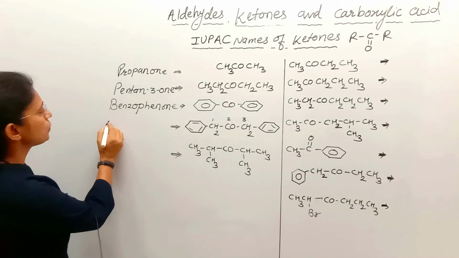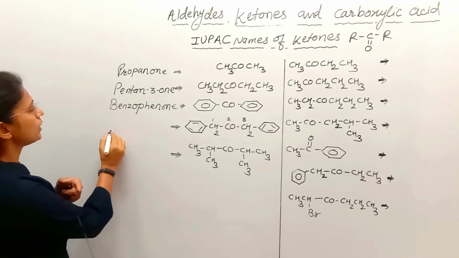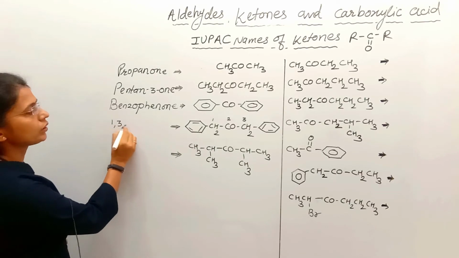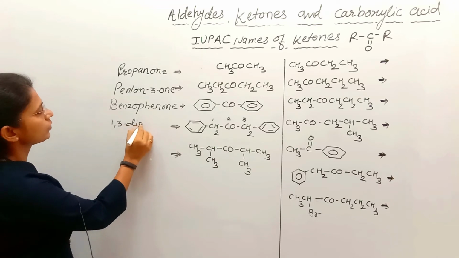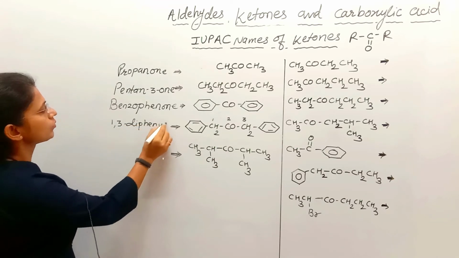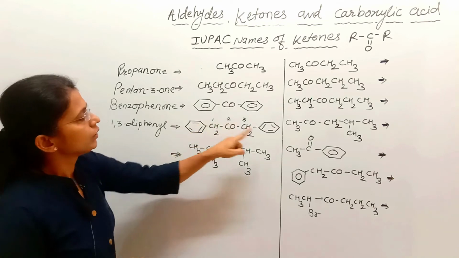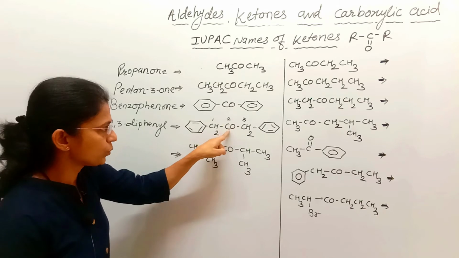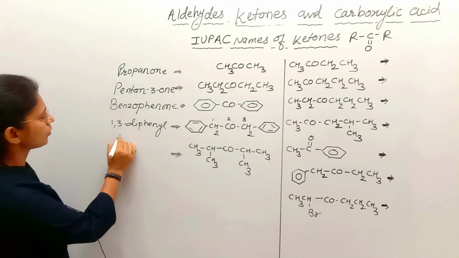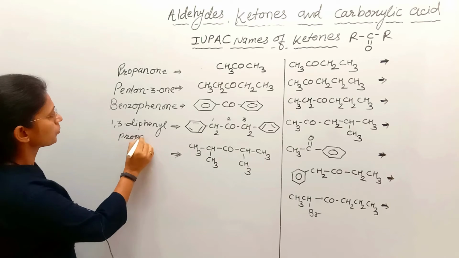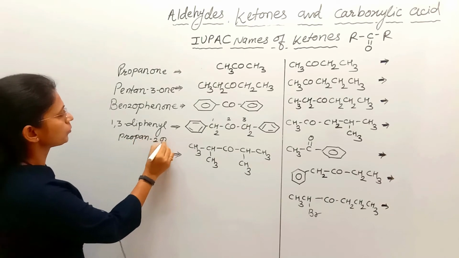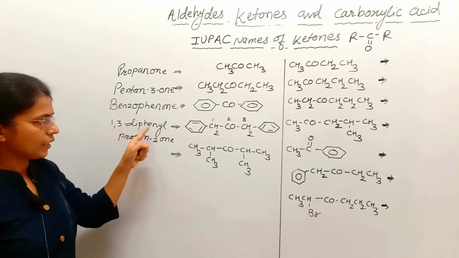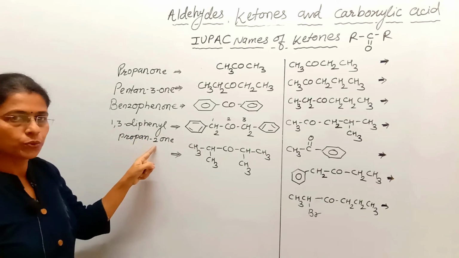Two substituents are there. So the name is 1,3 diphenyl propane 2 ONE. Name of the compound: 1,3 diphenyl propane 2 ONE.